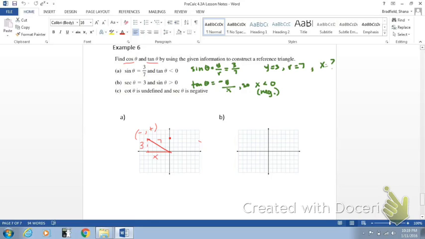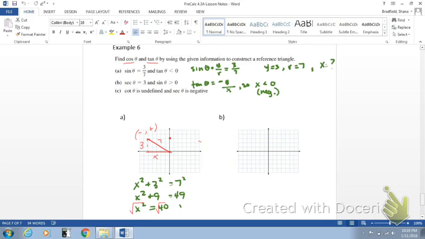Because I'm in the second quadrant. So now I'm going to use Pythagorean theorem, but I know that my x is going to end up being negative. So x squared plus 3 squared equals 7 squared. If I subtract 9, I'm going to get x squared equals 40, and then I have to take the square root of both sides.